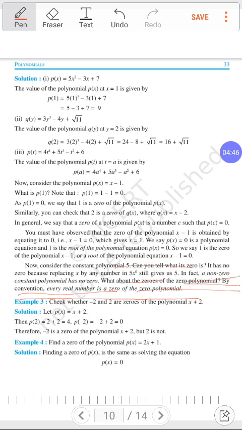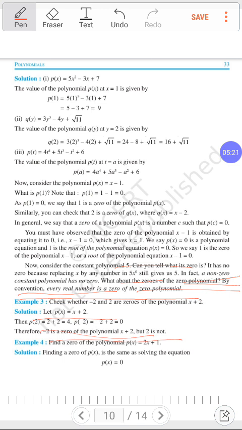Okay, now if you will see example number 3: check whether minus 2 and 2 are zeros of the polynomial x plus 2. So in the solution, let p(x) is equal to x plus 2. Then p(2) becomes 2 plus 2, that is 4, and p(minus 2) becomes minus 2 plus 2, that is 0. Okay, therefore minus 2 is a zero of the polynomial x plus 2, but 2 is not. Why is 2 not?